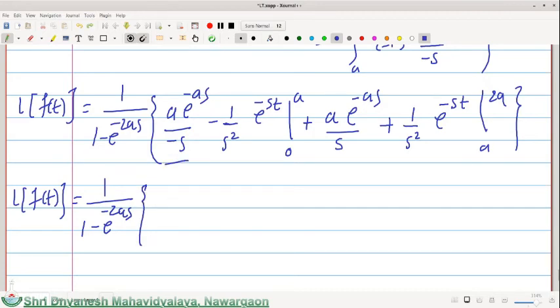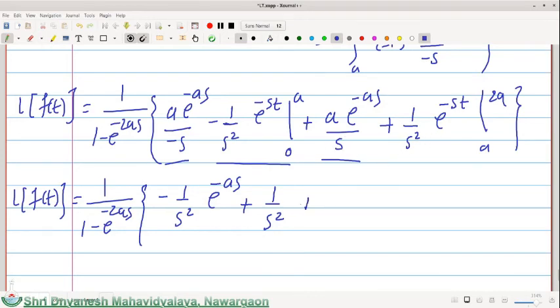See, this term and this term are same with opposite sign, so these two will get cancelled.